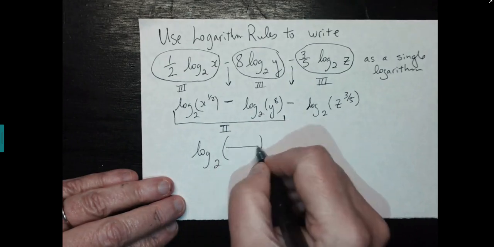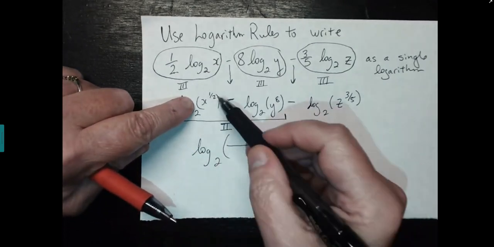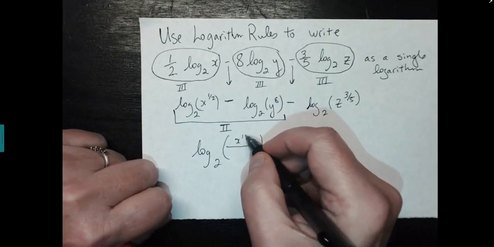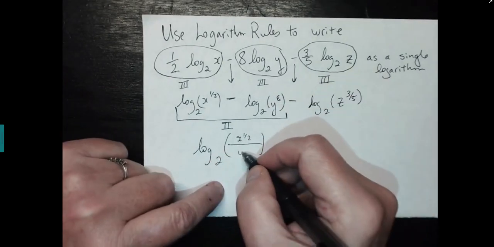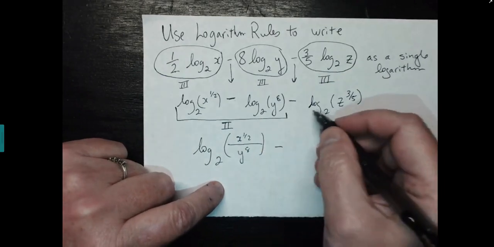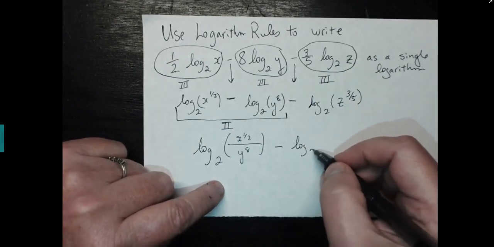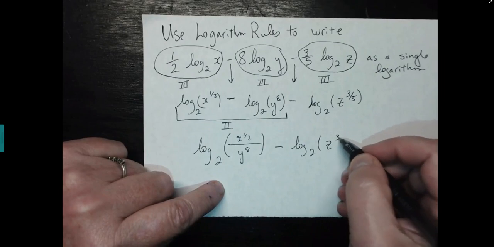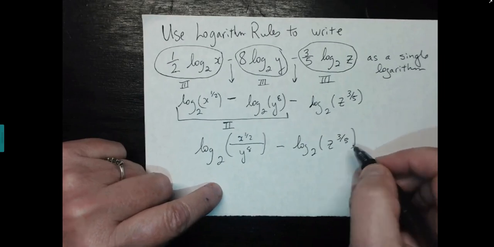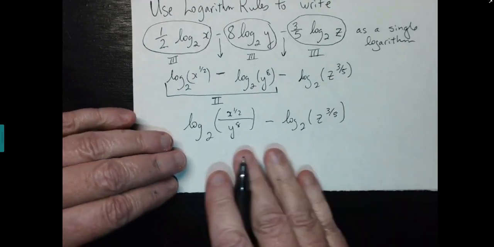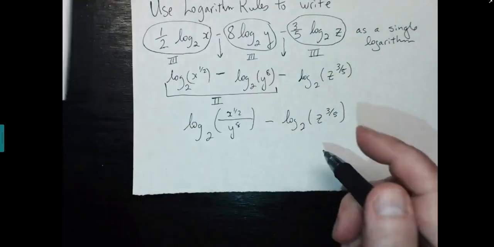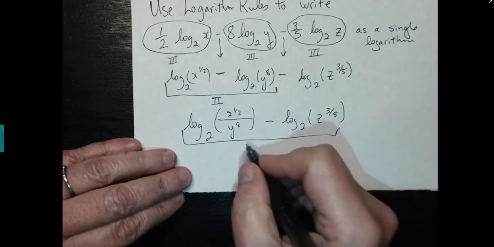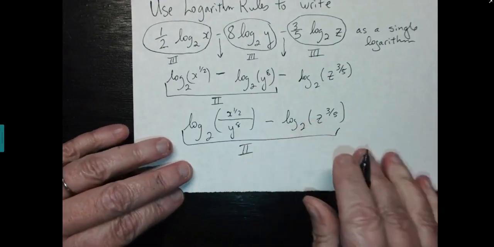I'll have a quotient, and what goes in the numerator is what I have here, and what goes in the denominator is my argument there. Then I'm just going to copy the rest of that. Now I have another difference of logarithms, so I'm going to use rule 2 again to combine these into one expression.